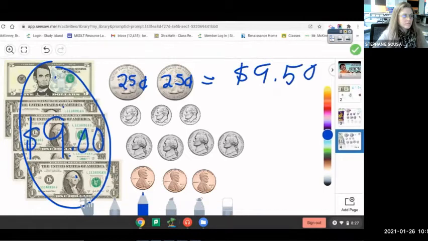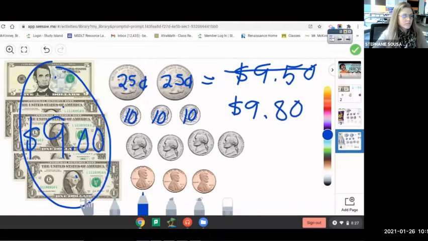$9.50. Now let's go to dimes. Each one is worth 10 cents. So if we have $9.50, we go $9.60, $9.70, $9.80. So right now we have $9.80. Now we go to our nickels.